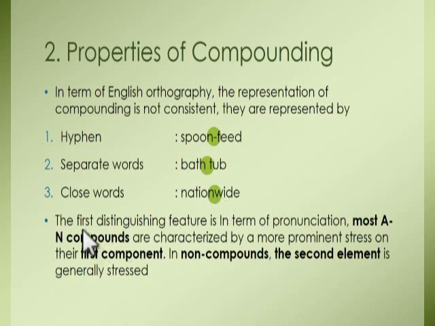Okay, so the first distinguishing feature is in terms of pronunciation. Most adjective noun compounds are characterized by a prominent stress on their first component. Yeah, if you find noun and adjective and noun compounds, the first component must have the prominent stress.